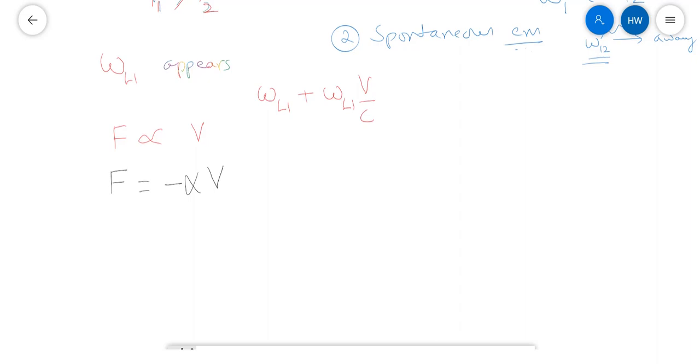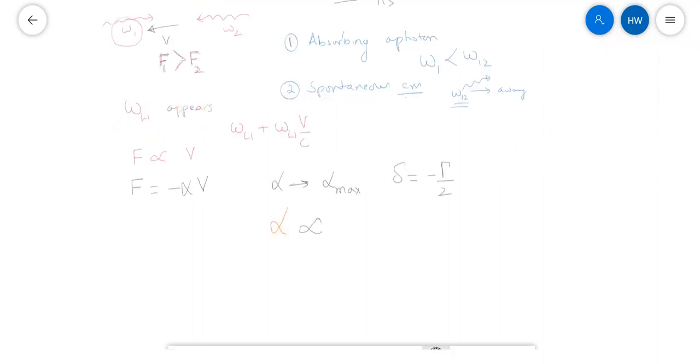So you have seen forces which are dependent on velocity, and they are essentially frictional forces. Now it so happens that my alpha becomes alpha max, right? It takes a maximum value if I choose my detuning delta, which depends on how detuned you are from the excited state. If my detuning magnitude is minus gamma by 2, my alpha is also proportional to the intensity of light, which is the intensity of the laser.